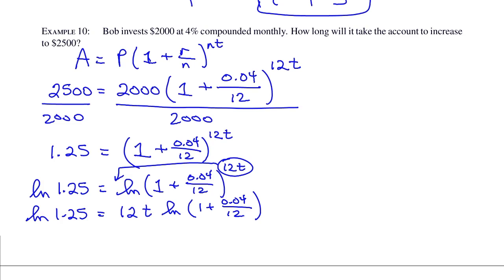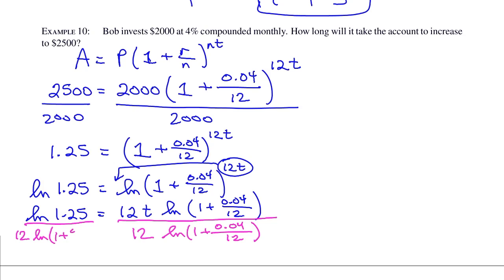And then to finish this, I need to solve for t. So I'm going to divide by everything that is being multiplied by t, which is both the 12 and the natural log of 1 plus 0.04 over 12. And when you work that out, you get t is equal to 5.59.